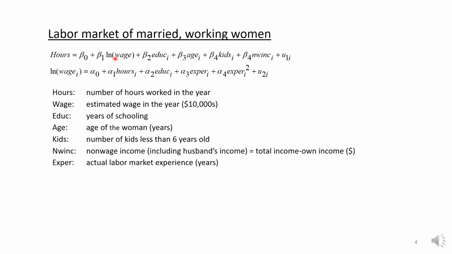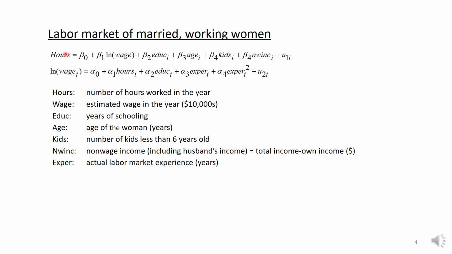Hours, the number of hours worked in the year, depends on the estimated wage, depends on education, depends on the age, depends on the number of kids less than 6 years old, and depends on the non-wage income, which is defined to be the total income minus own income. And the experience would be the actual labor market experience.